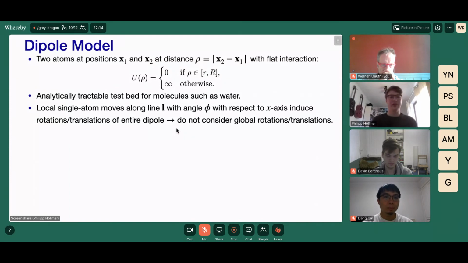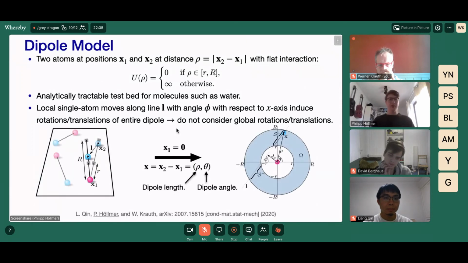And these single atom moves then induce rotations or translations of the entire dipole. Our sequential Markov-chain Monte Carlo scheme then only concerns speedup of the rotation of the dipole just using single atom moves, and we therefore do not consider global rotations or translations of the full dipole. Of course, you can always mix it with that.